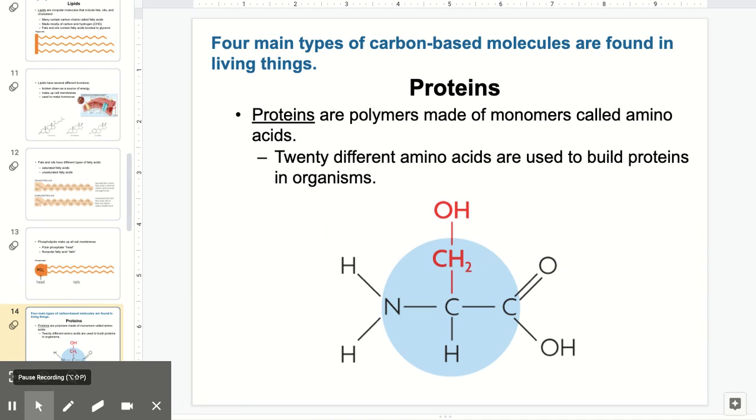Next up, we've got proteins. We've already kind of begun our discussion of proteins, like the protein in our jello, the gelatin, which is comprised of collagen. But proteins are made of the monomer amino acid, and it is 20 different amino acids that essentially build all the different proteins. And this is the basic structure of an amino acid.